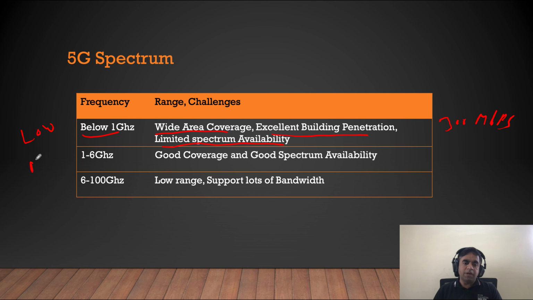Then we have this mid band, which is 1 to 6 gigahertz. It offers good coverage and good spectrum availability in this segment, and we can get anywhere between 1 to 2 Gbps of data.